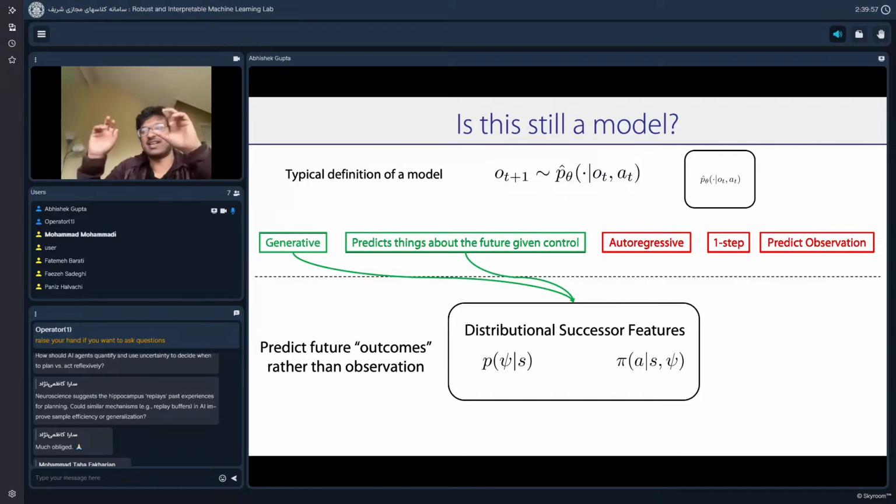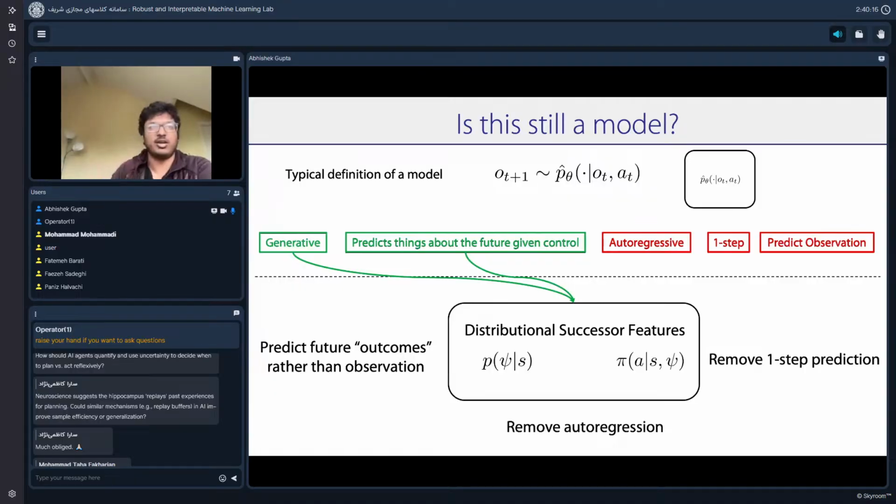And so it's kind of like predicting what the long-term futures are going to be. It's like saying, oh, this could happen, or this could happen, or this could happen, rather than saying, hey, I'm going to predict this future frame, or this future frame, or this future frame. So you've removed the process of one-step prediction. You've removed autoregression. You're predicting long-term outcomes in the future.